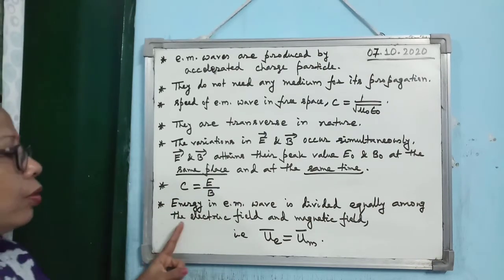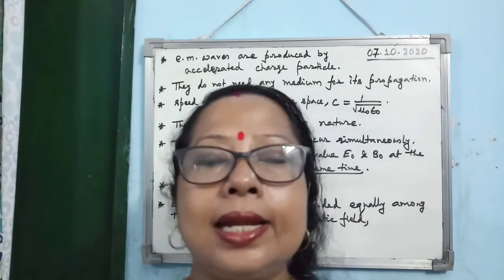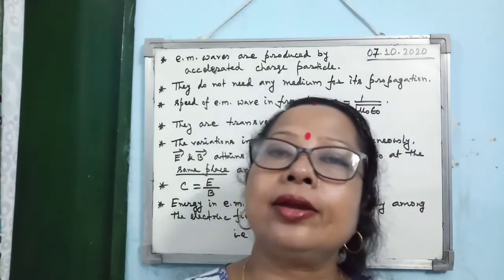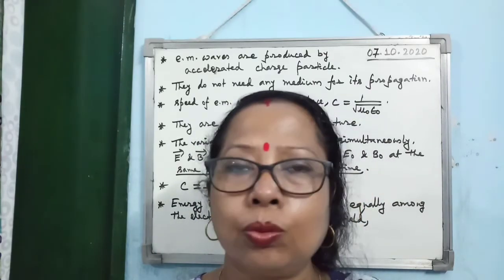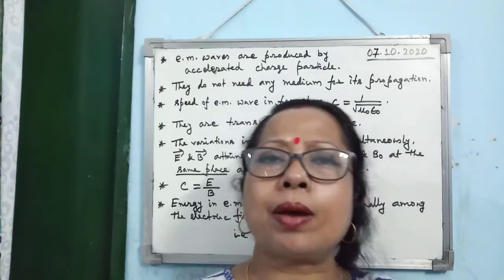And if you consider the instantaneous values of the electric and magnetic field, their ratio is equal to C always. Another one is, the energy in the electromagnetic wave is divided equally among the electric and magnetic fields. Not that electric field gets more and magnetic field gets less. No, both the fields carry the same amount of energy.